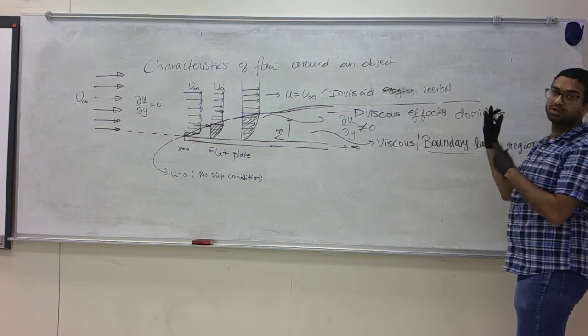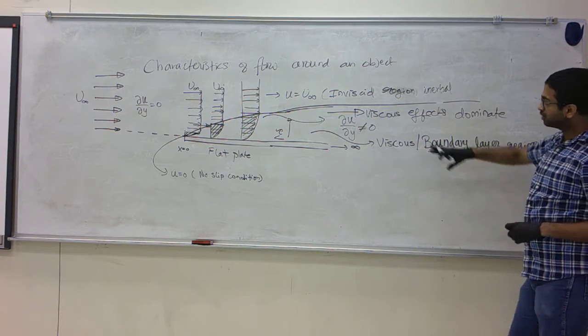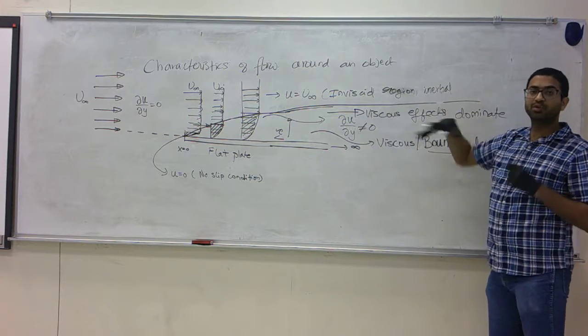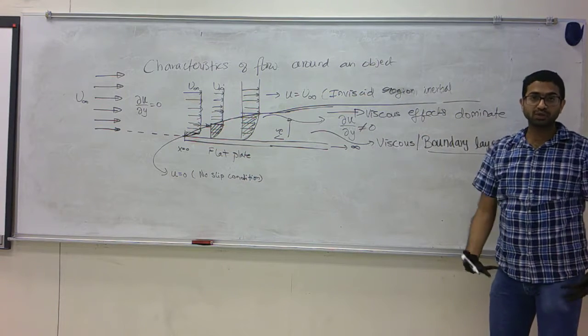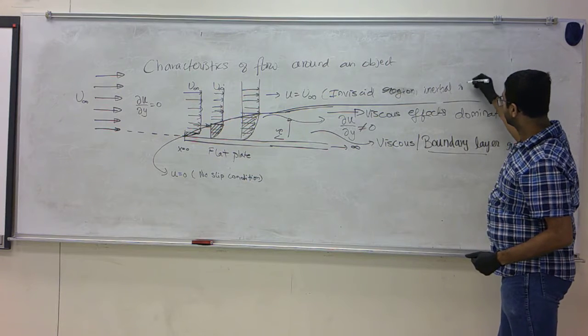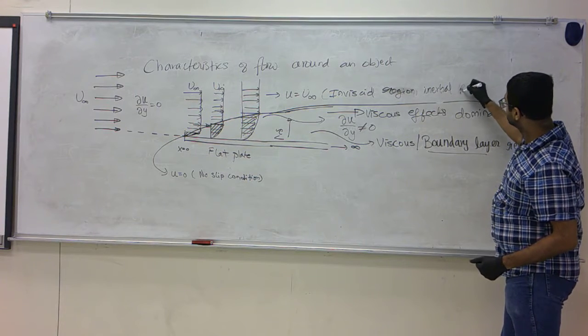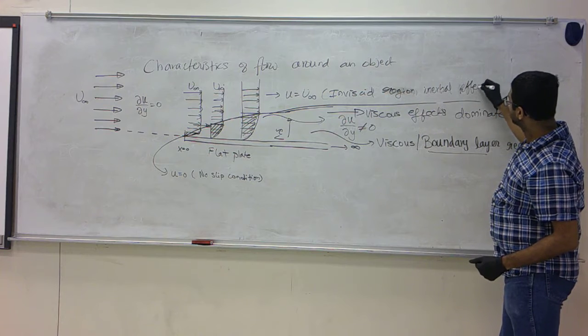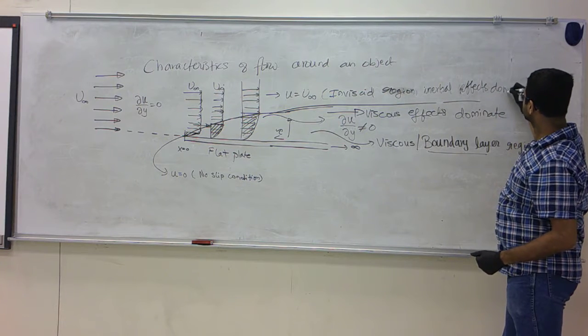That is, there is no viscosity to counter the kinetic energy, whereas in this region viscosity is there to reduce the kinetic energy and dominate the flow physics. Inertial effects dominate.